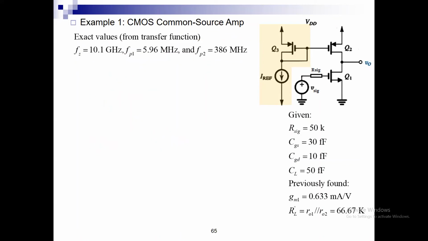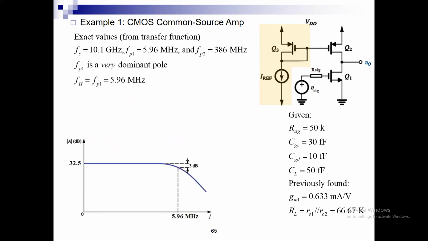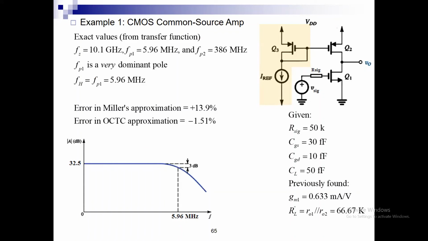If I compare those numbers, what this slide is telling me is that the error in the Miller approximation is around 13%, and the error in the OCTC is around 1.51%. So it's showing me that the OCTC is closer in the solution to the exact solution. Of course, because we kept the capacitor in its place, so it did not adopt the Miller approximation. This is what this comparison is intended to show you.